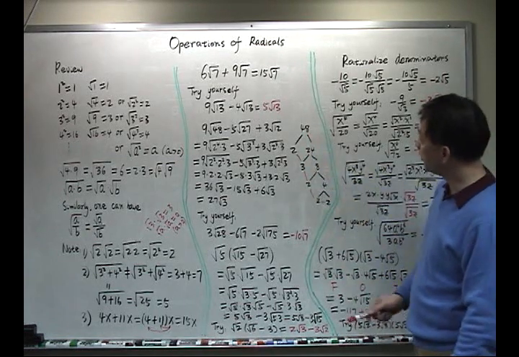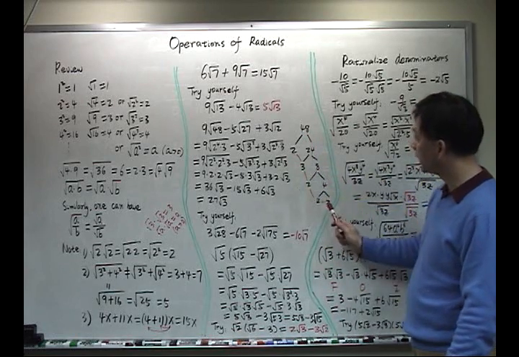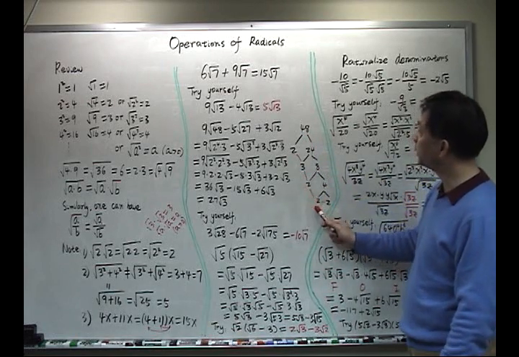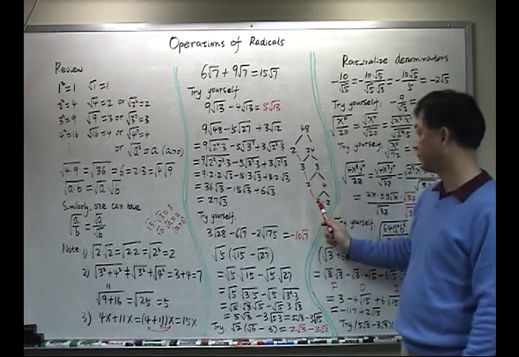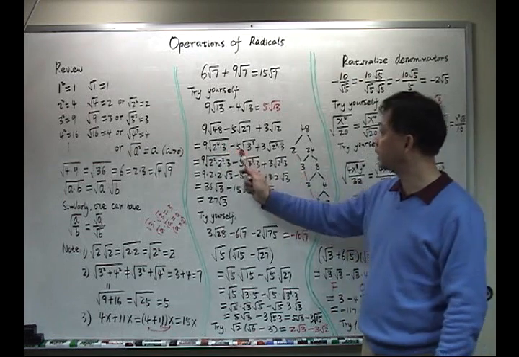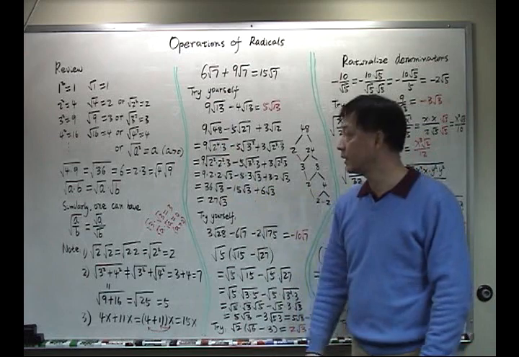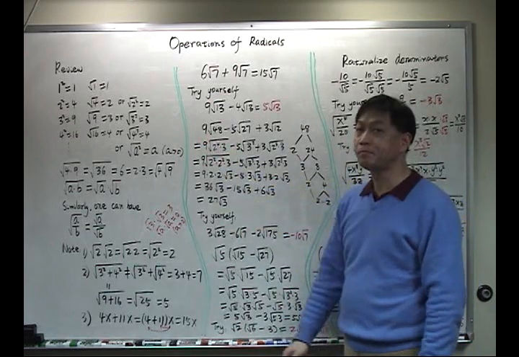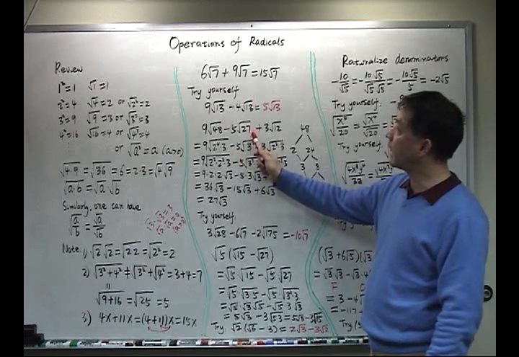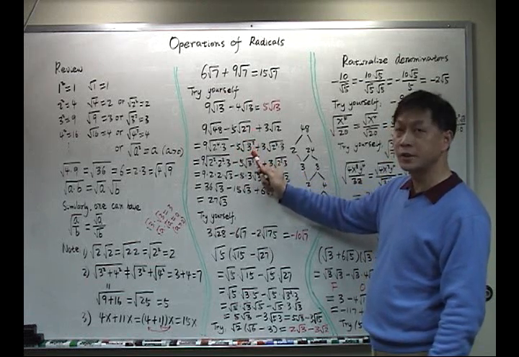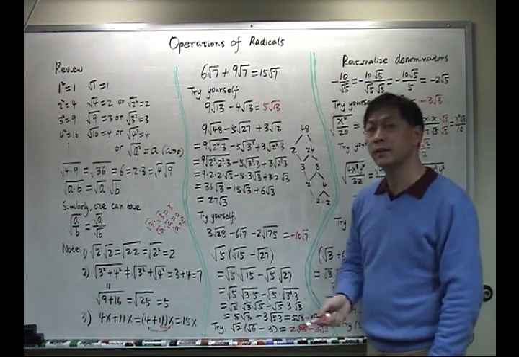Eventually, 48 can be written as 2 times 2 times 2 times 2 times 3. There are four 2's, so it's 2 to the 4th times 3. And 9, you keep it. Similarly, you keep 5. Radical 27 is 3 cubed, because 3 times 3 times 3 is 27.